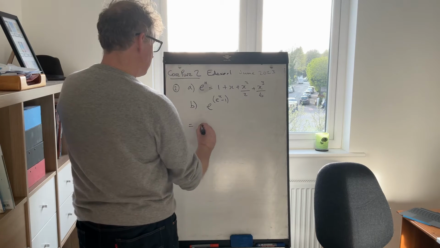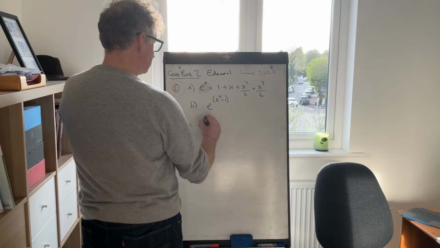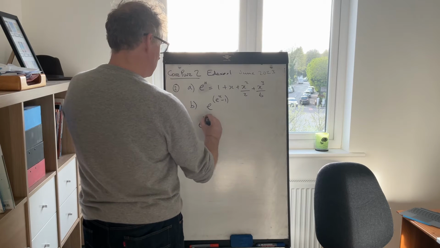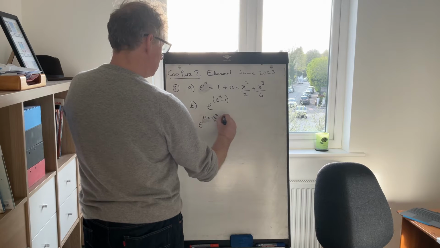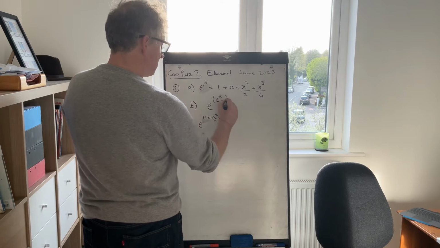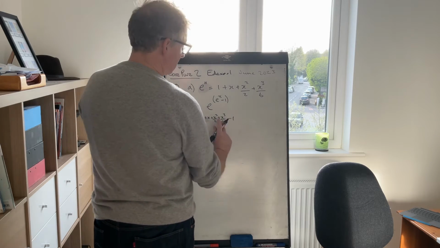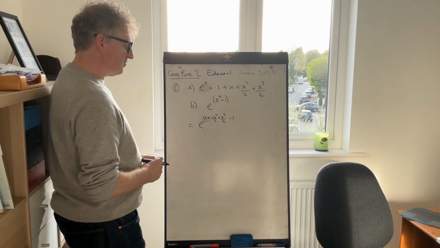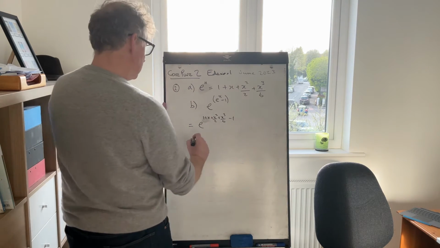So I'm going to do that, e to the x, which is 1 plus x plus x squared over 2 plus x cubed over 6 minus 1. We know this goes on, but we're just going to do those first few terms. The ones obviously cancel.